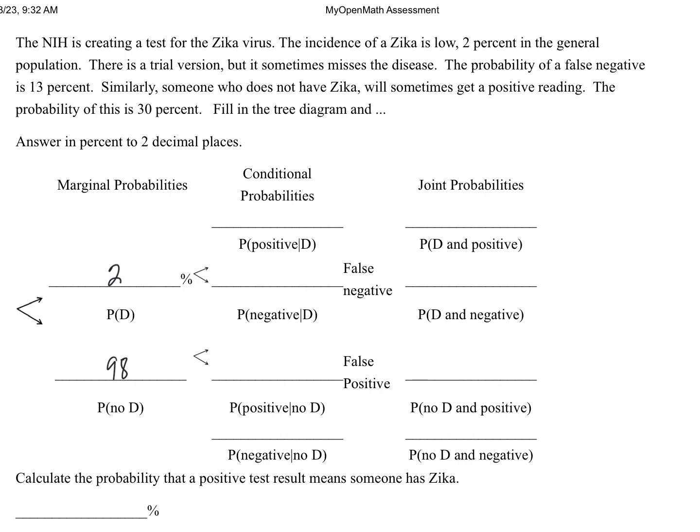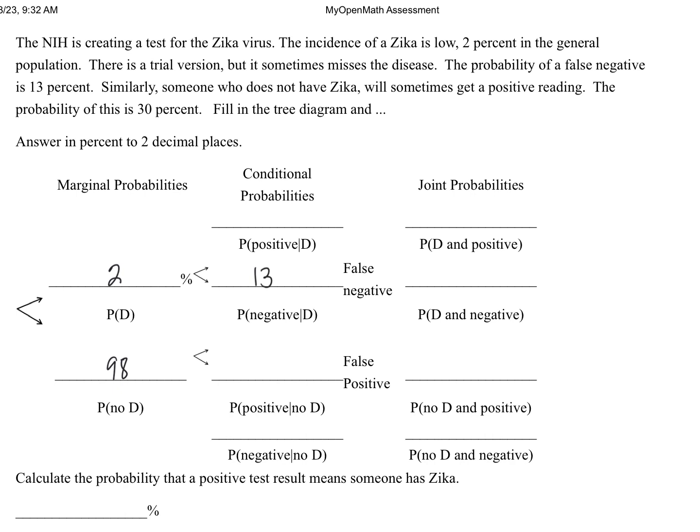Okay, so now we have these conditional probabilities. If you actually do have the disease, so we're going to look at this top part, this 2. Some people that have the disease take the test and it tells them they have the disease. But some people that have the disease will take a test and it tells them they don't, but they really do. So it's a negative test result. The probability of a false negative is 13%.